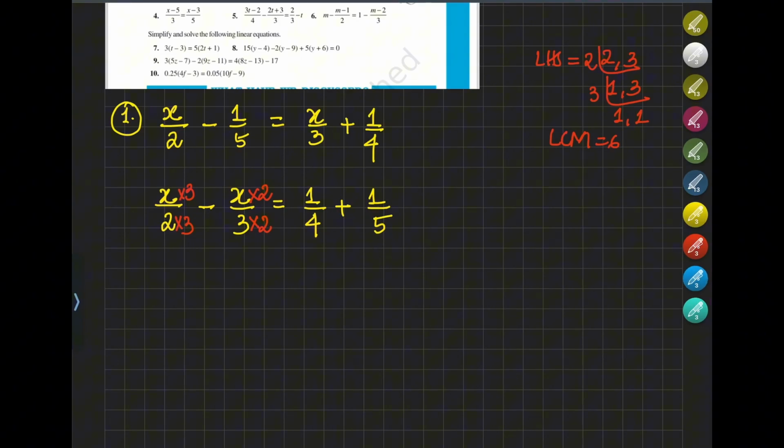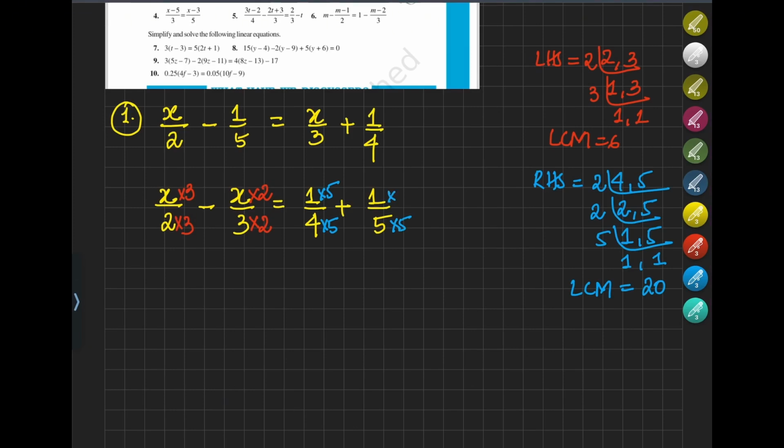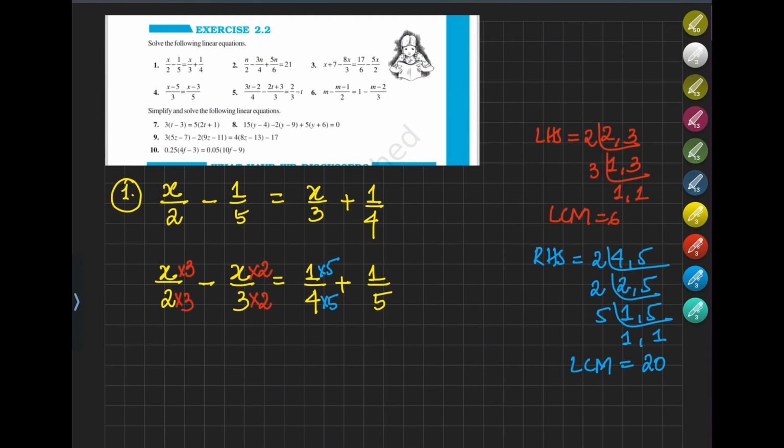Then in the right hand side, 4 comma 5, let's take the LCM. 2 times 5, 2 times 1, 5 times 1. So the LCM in the right hand side is equal to 20. So I multiply here with 5 as well as here with 4.